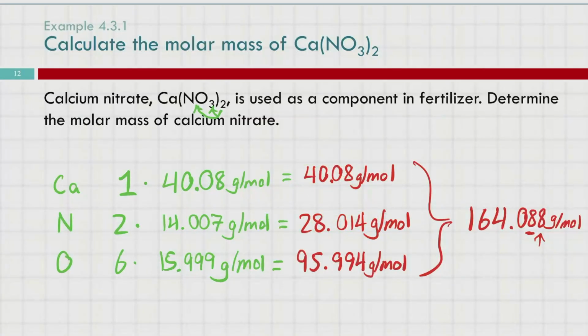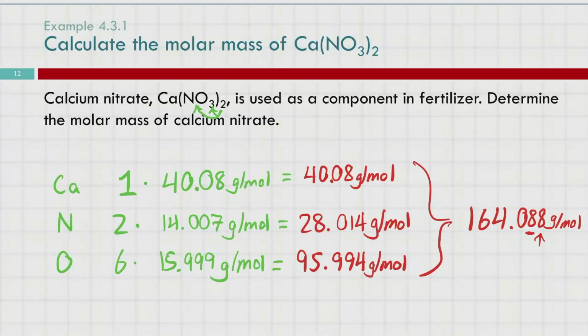Then we're adding them all together, and so 2 decimal places, and that's how we end up with 2 decimal places in here. A little secret for you: you almost never have to worry about the significant figures of your molar masses as long as you use enough decimal places.